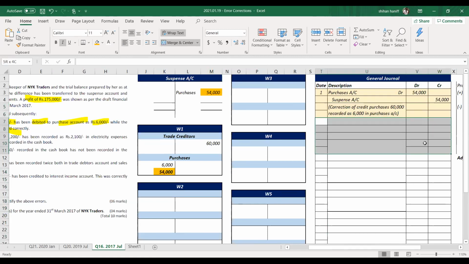So that's the correction entry for number 1.